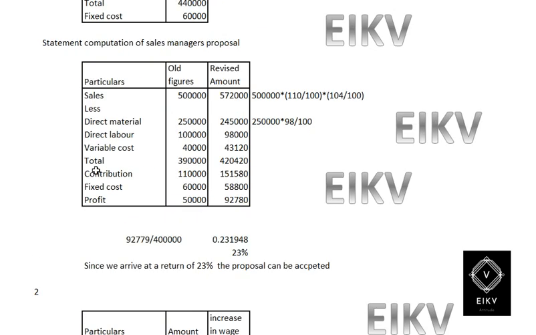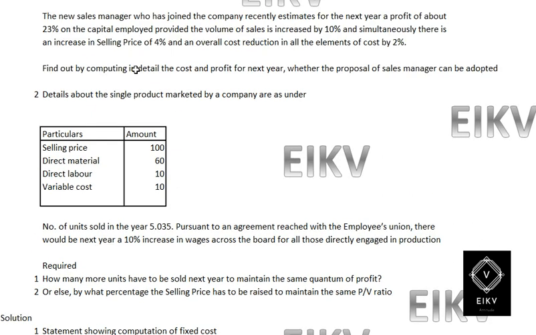Going ahead with the second problem. Here some details of the product have been given. Selling price 100, direct material 60, direct labor 10, and variable overhead has been given. Number of units is 5035. Pursuant to that agreement, there will be a 10% increase in wages for all direct labor engaged in production.